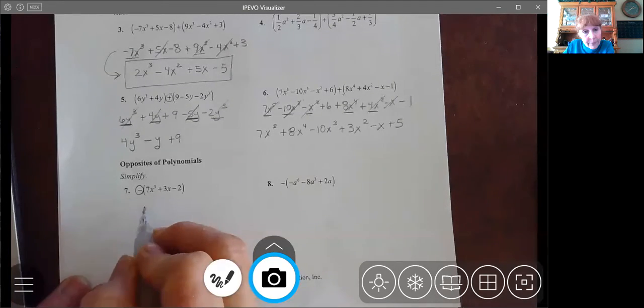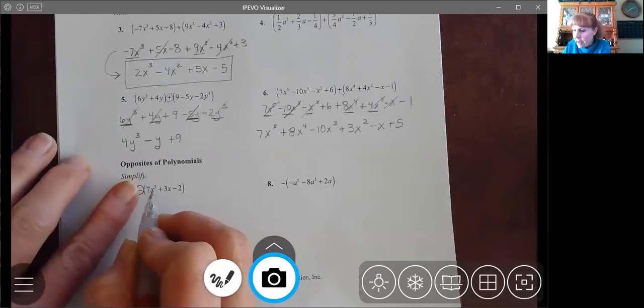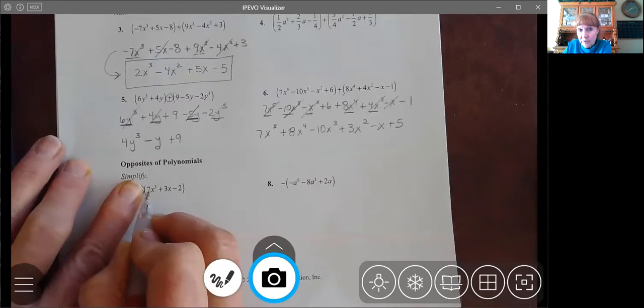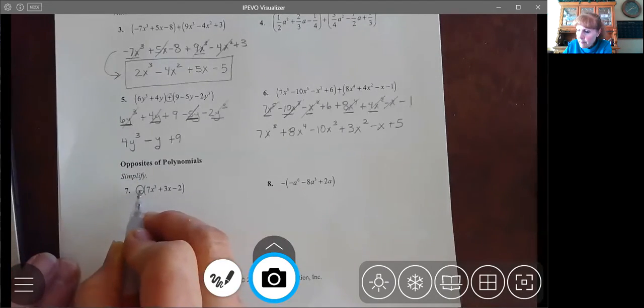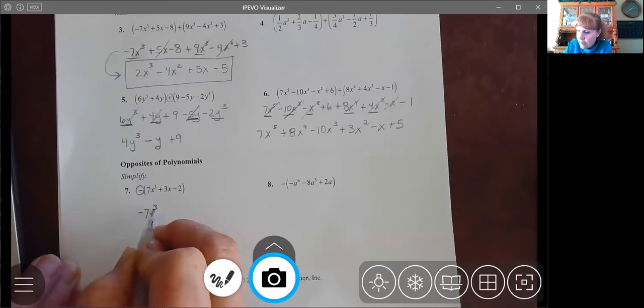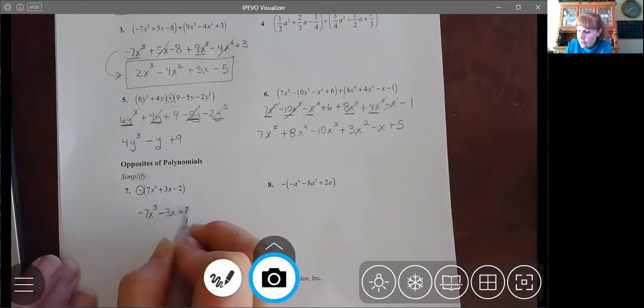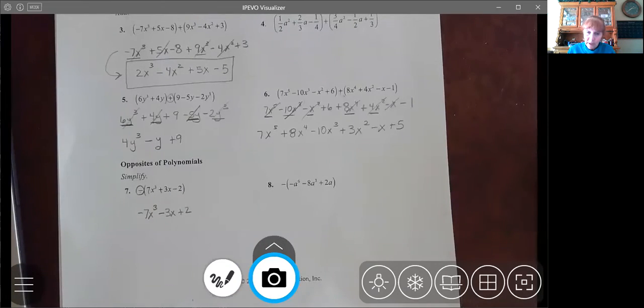To drop the parentheses, inside it's a positive 7, so the opposite of that is a -7x cubed, minus 3x, opposite, plus 2. And you're done. That's the opposite. Just change their signs.